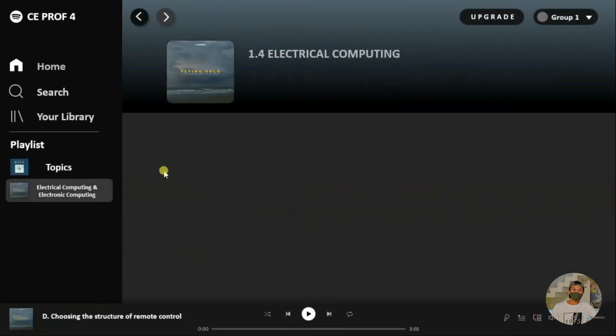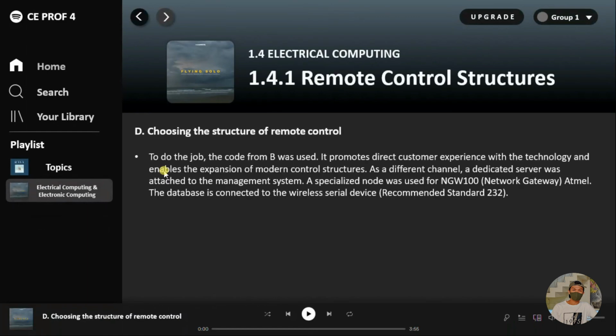So the last one, the remote control structures is choosing the structure of remote control. So to do the job, the code from B was used. It promotes direct customer experience with the technology and enables the expansion of modern control structures.